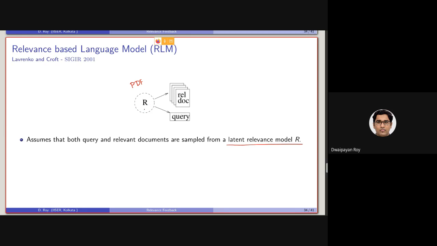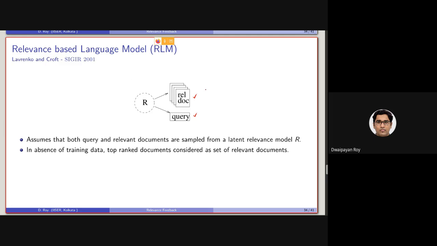And this R is basically a probability density function. So the easiest way to actually estimate this R is based on this and this. This is known. This is the query that the user is submitting to the system. And what is this?